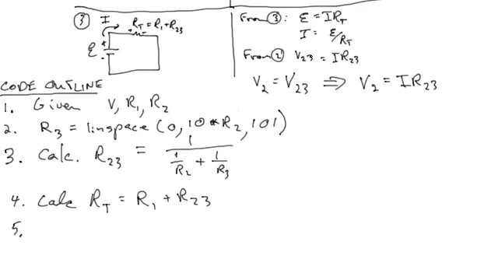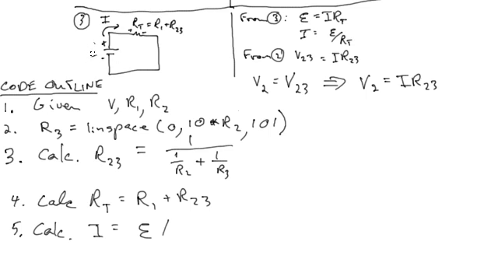And then calculate I is equal to script E. Actually, it was called V here, so I should fix that up. Sorry about that.